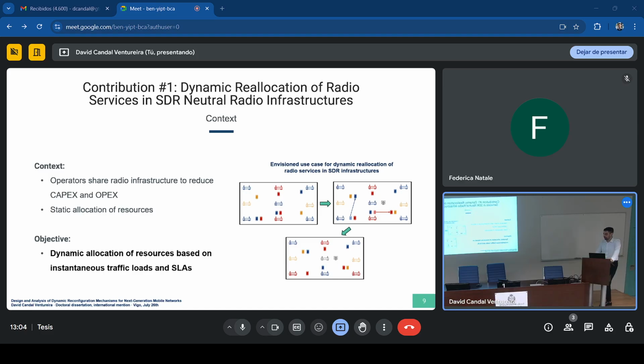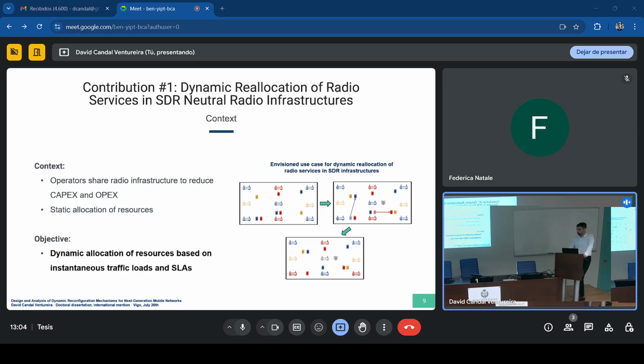For example, if the operator knows that this specific traffic is a speed test, they may just skip it. But if it's going to use Netflix, then it may be more interested in allocating the base station. It may depend also on the services being consumed by the user.